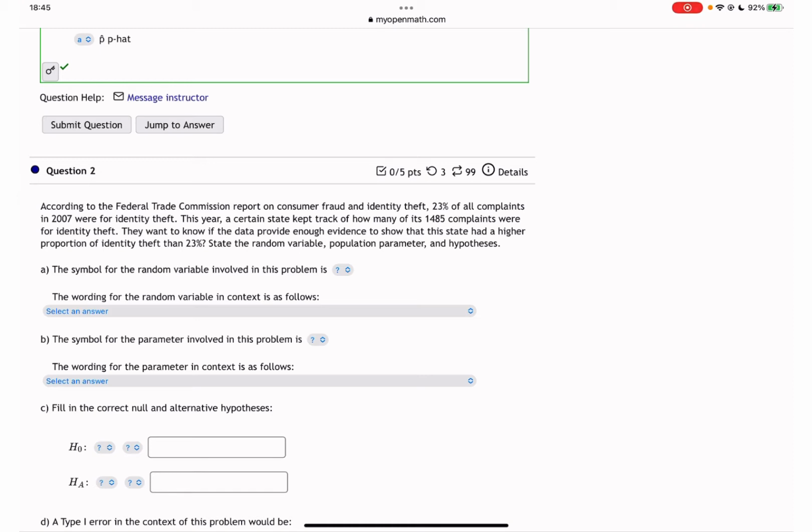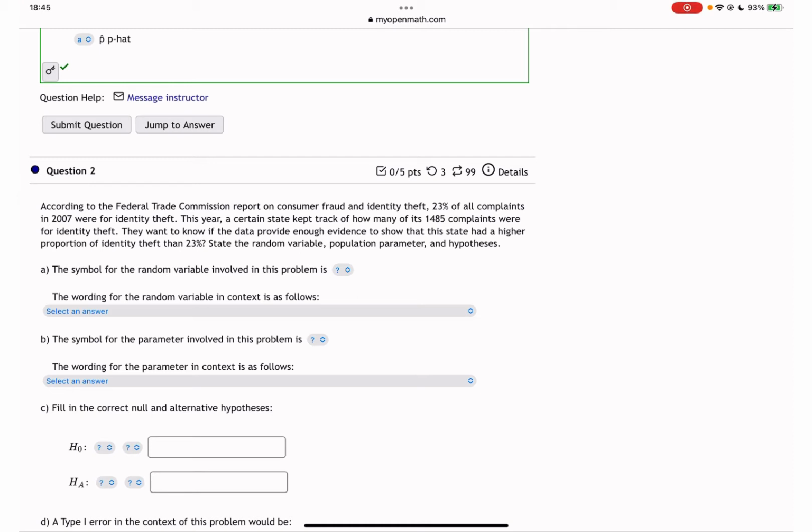All right? So, according to the Federal Trade Commission, a report on consumer fraud and identity theft, 23% of all complaints in 2007 were identity theft. This year, a certain state kept track of how many of its 1,485 complaints were for identity theft.